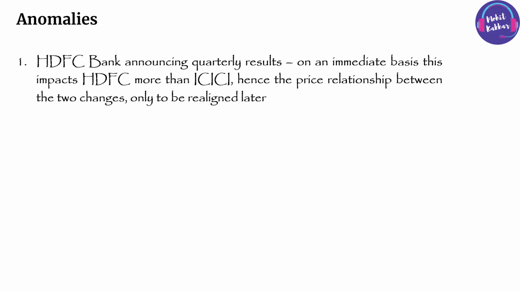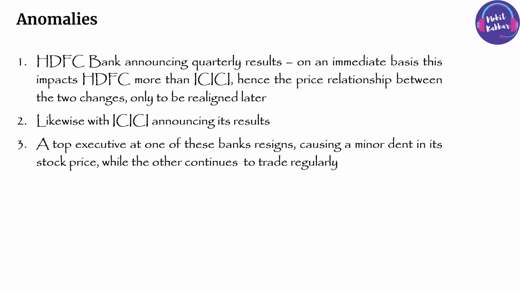Almost, they are on the same timelines, but let's assume there are cases like this, where HDFC for a very short time will behave very differently. Similarly, when ICICI announces results, or a top executive of a bank, an MD or a chairman, resigns, there is very weird behavior in the stock price for a very short time.